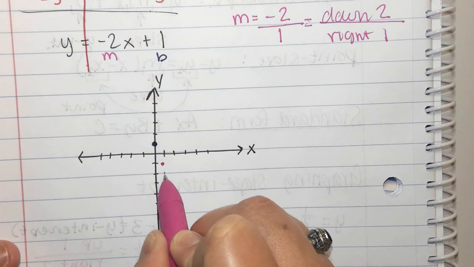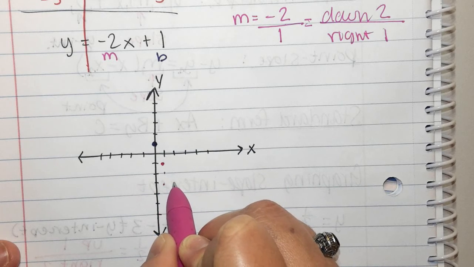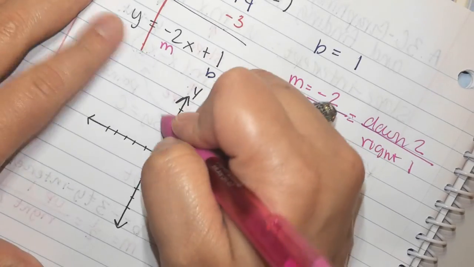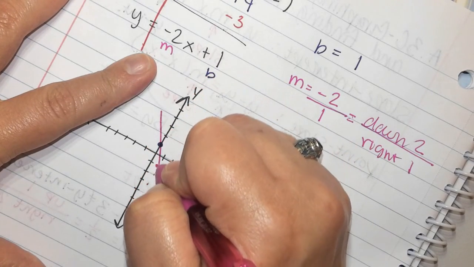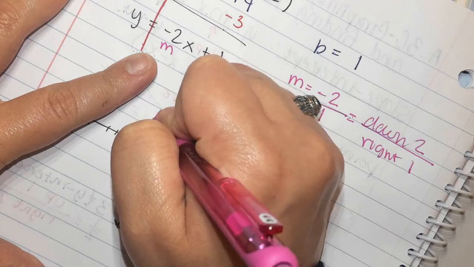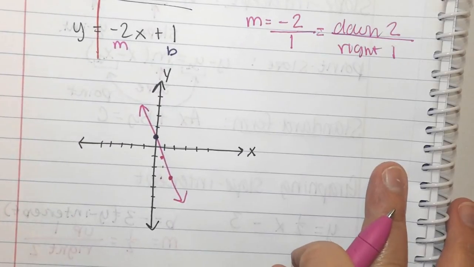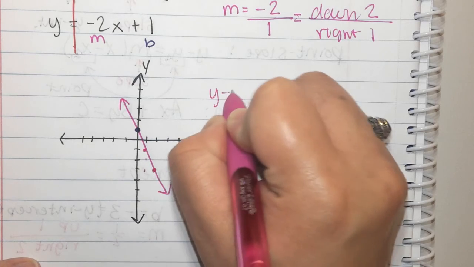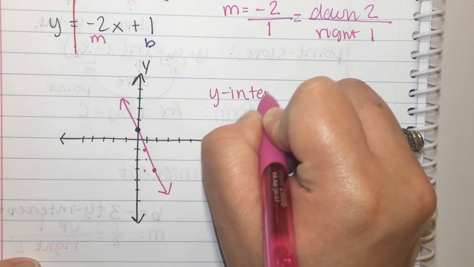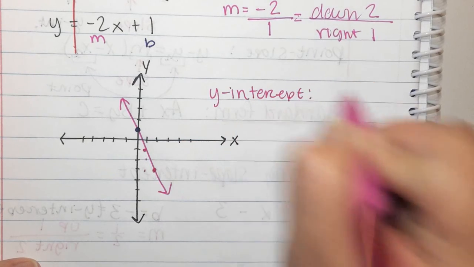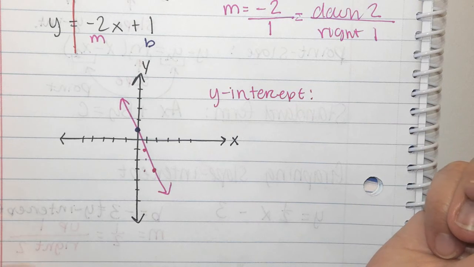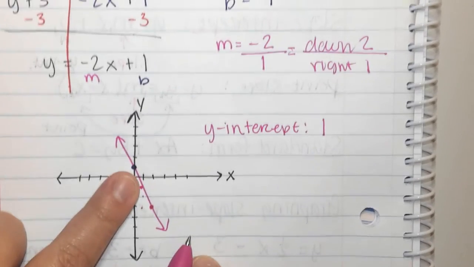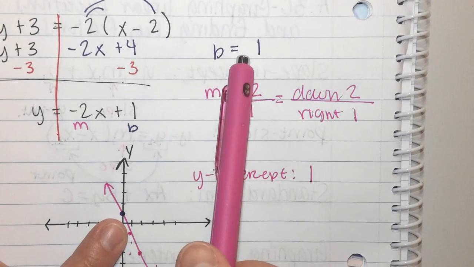So down 2, right 1, plot a point. 3 points is good enough. Draw my line. And there you go. So here, let's say it's asking for the y-intercept. The y-intercept here is 1, in case you didn't already figure it out from earlier.